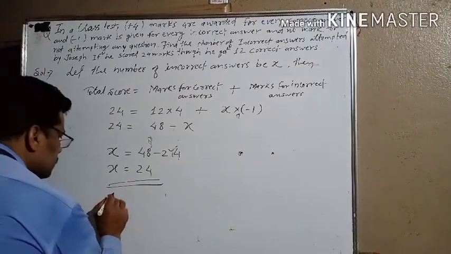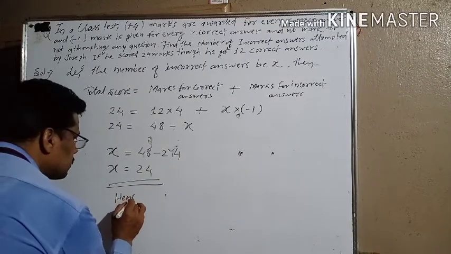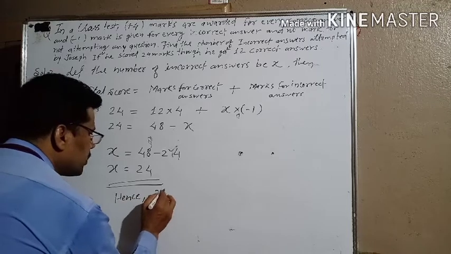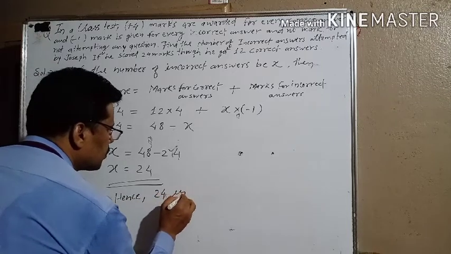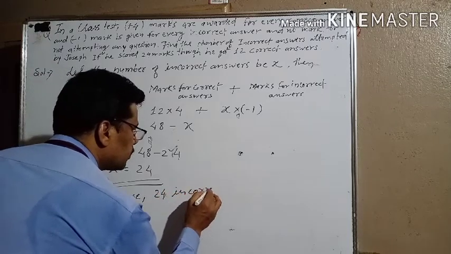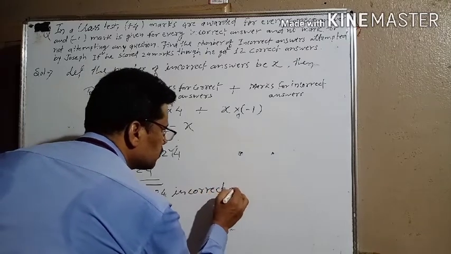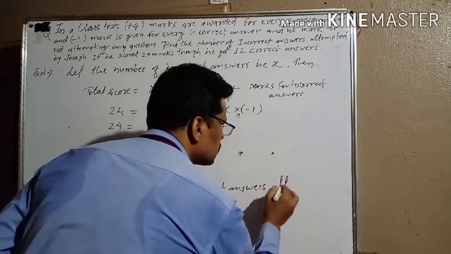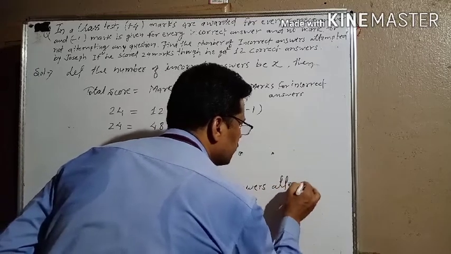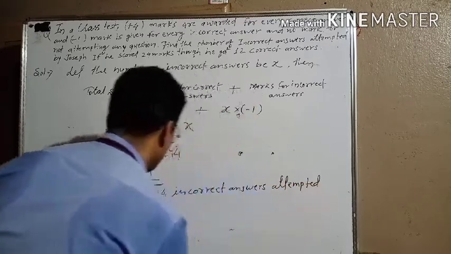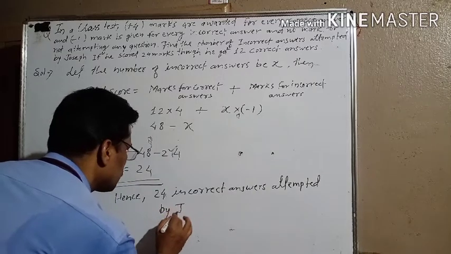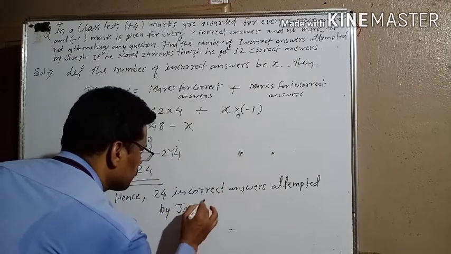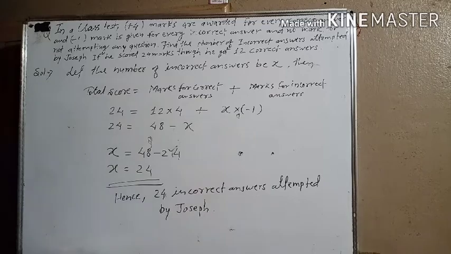Now we can write, hence 24 incorrect answers attempted by Joseph. This is our required answer. Got it?